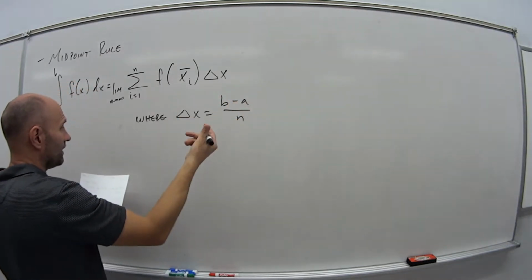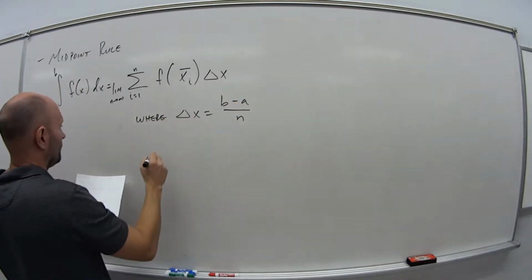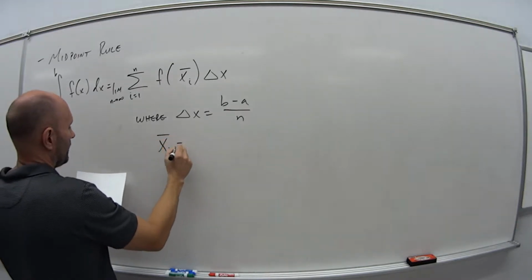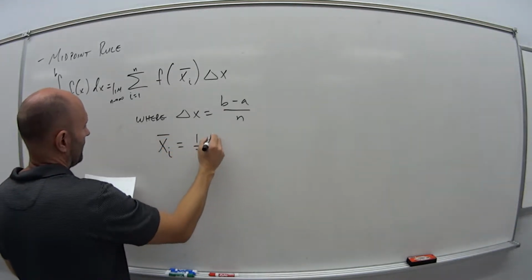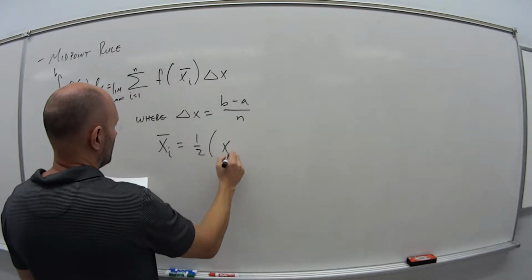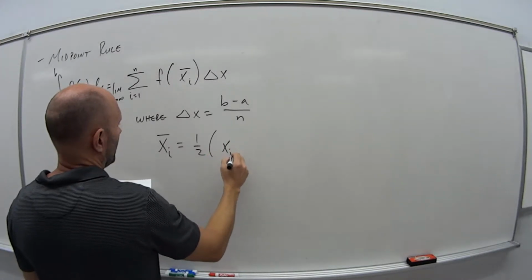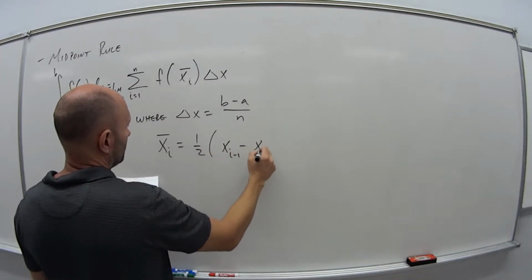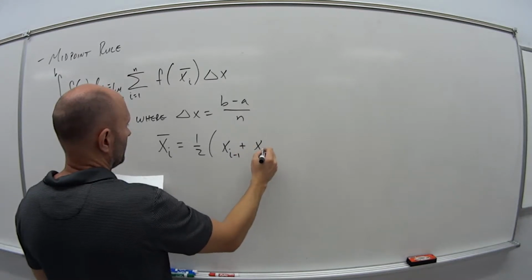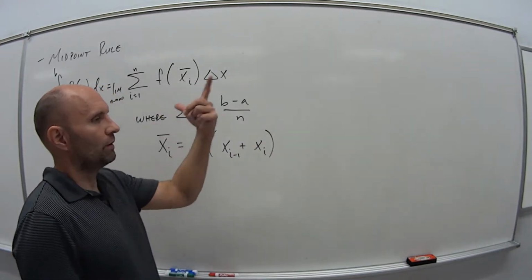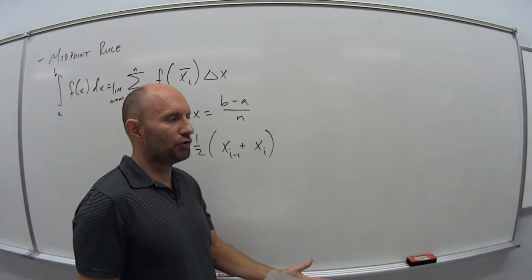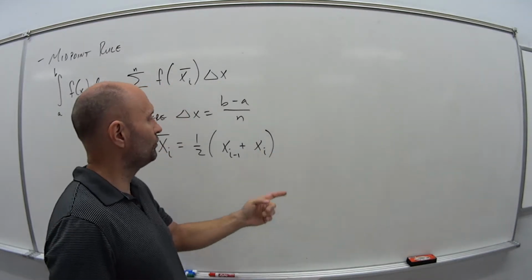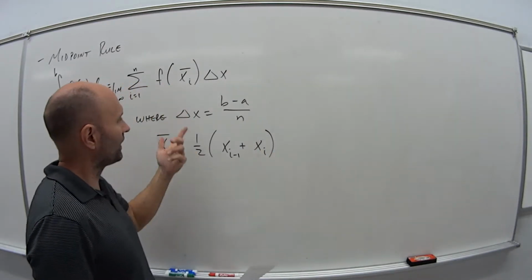So it's equal intervals. And then x i bar is just 1/2 of x sub i minus 1 plus x sub i. So add the two endpoints, divide by 2. That gives you the middle value. That becomes your x i.